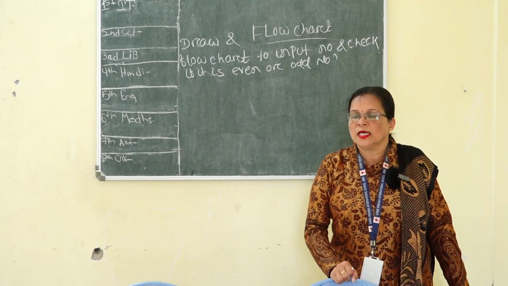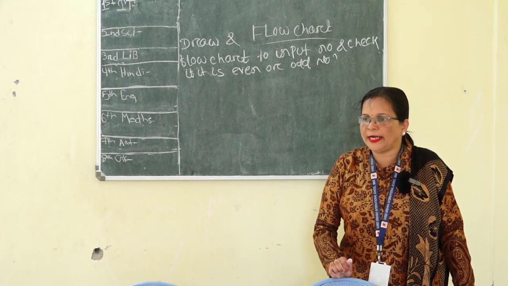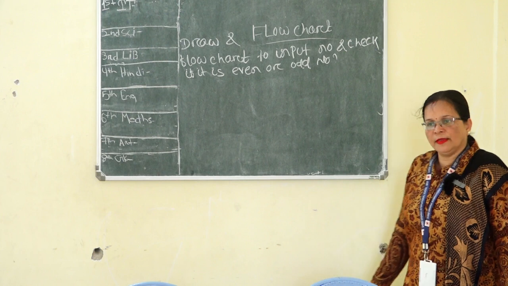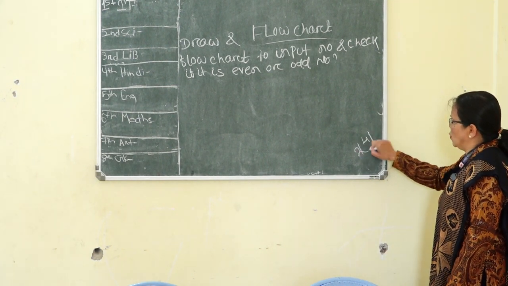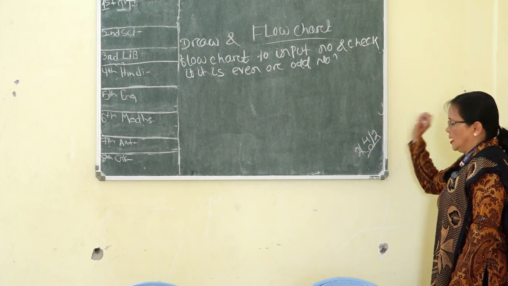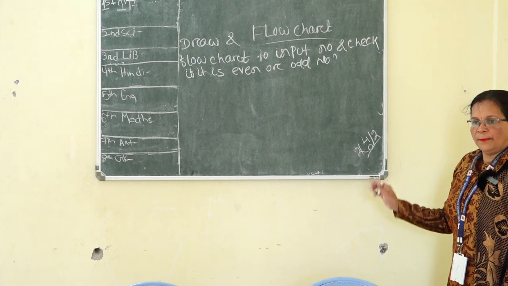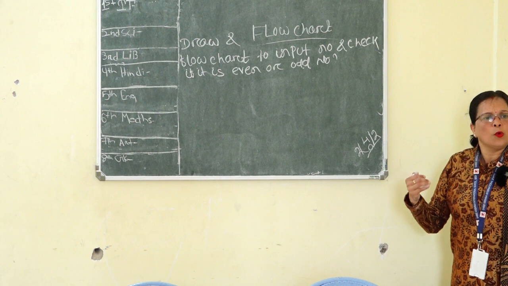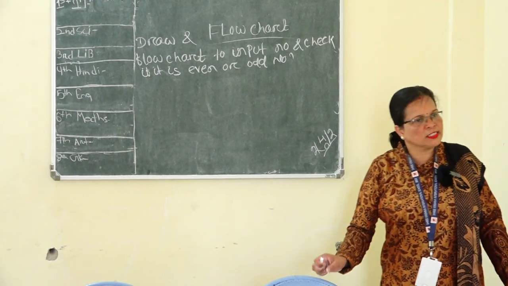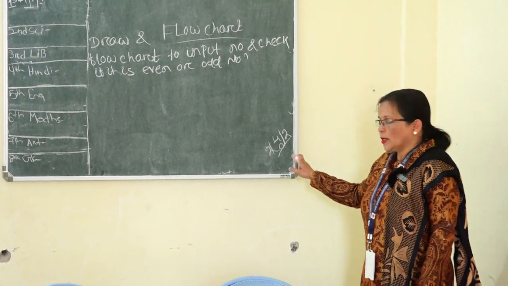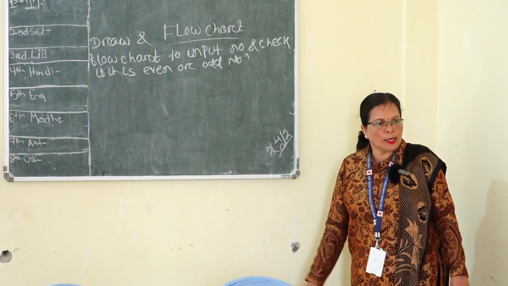An even number means a number which is divisible by 2. If you divide 4 by 2, definitely it is an even number, because the quotient may be whatever, but the remainder must be 0. Clear? Then what is an odd number?